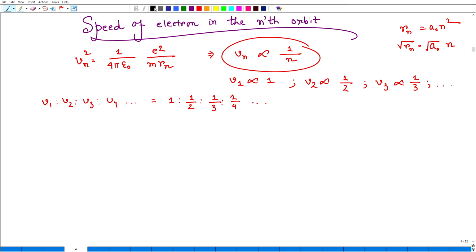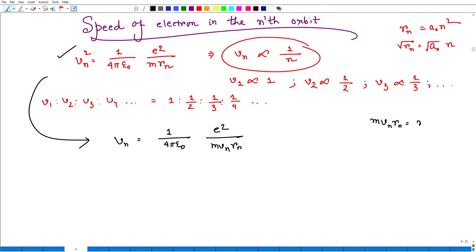Now we have to evaluate the form as well. So this is the Vn square. From here we can write Vn equals 1 by e square divided by m Vn Rn. I just brought one Vn to this side in the denominator, and we know that m Vn Rn equals nh by 2 pi.